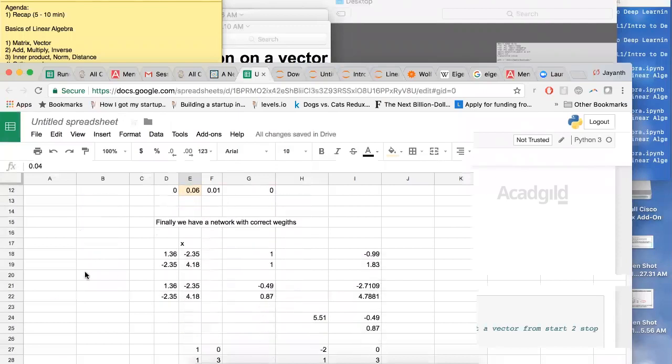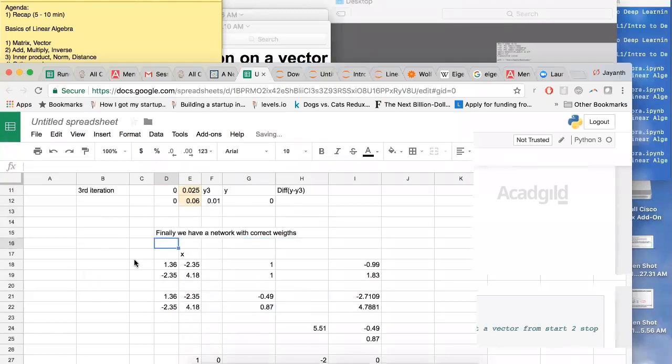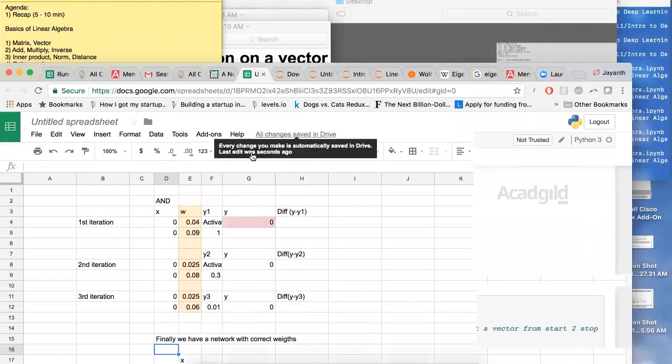Ironically, a lot of deep learning people do not use spreadsheets, but I find it very useful whenever in doubt to just go back to the basics and really write all the simple weights or simple questions.